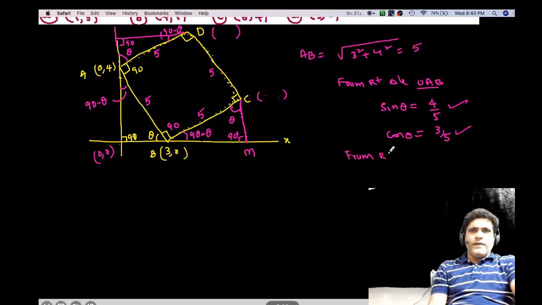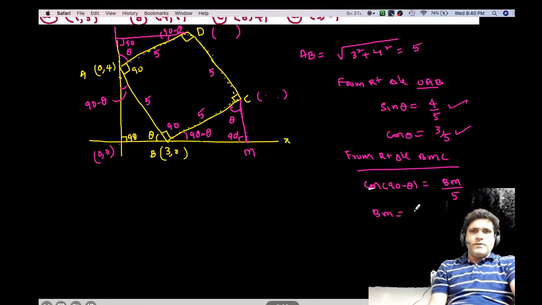So from right triangle BMC, cos of 90 minus theta is equal to BM by this hypotenuse, that is 5. That is BM is equal to 5 into sin theta, since cos 90 minus theta is sin theta.